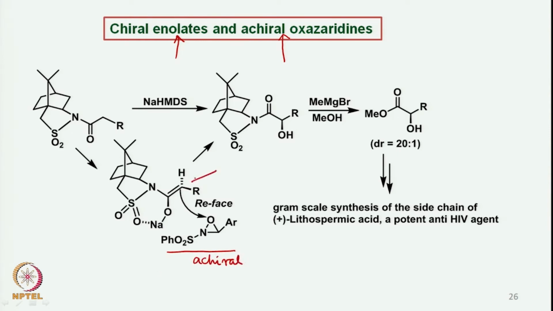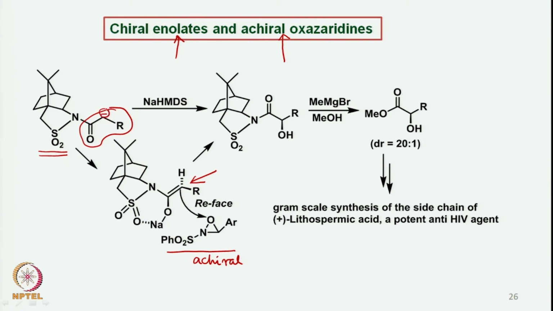So this is the part of the enolate which is formed from this substrate, which is again a camphor based substrate. As you can see, there is a nitrogen here and then SO2, which is part of the camphor based molecule, and then you attach this particular part of a ketonic type of molecule, then there is a possibility of a deprotonation here.